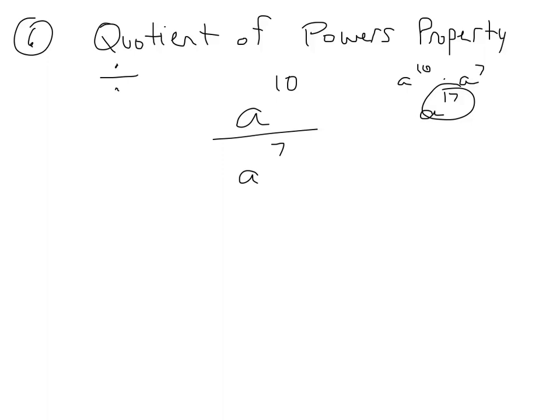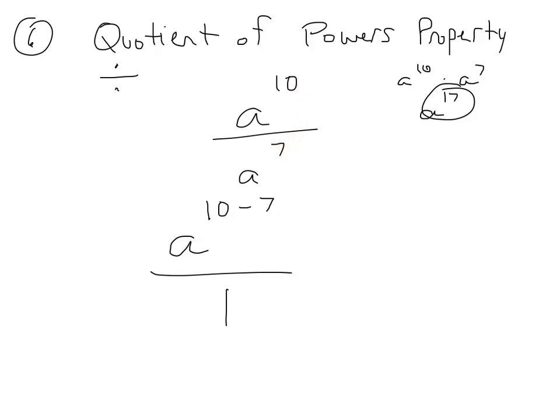So a to the 10th over a to the 7th. What I'm going to do is change this into this fraction: a to the 10 minus 7 over 1. I'm subtracting the bottom exponent from the top.